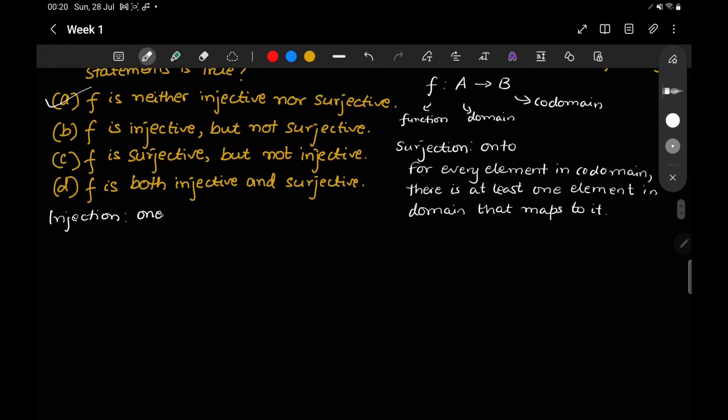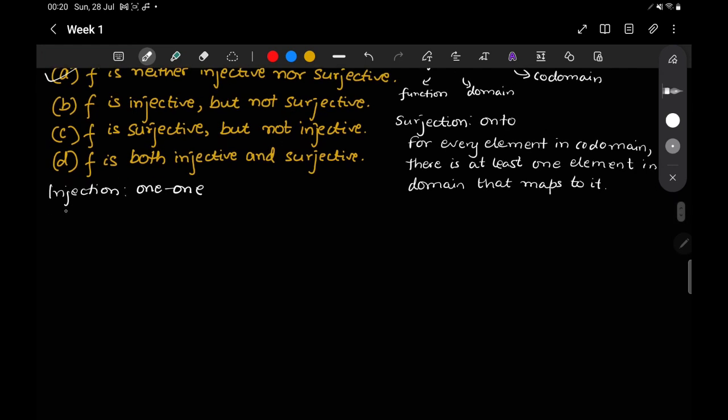So an injection is also known as a 1-1 function. And the definition for this is: distinct elements of the domain get mapped to distinct elements of the codomain.